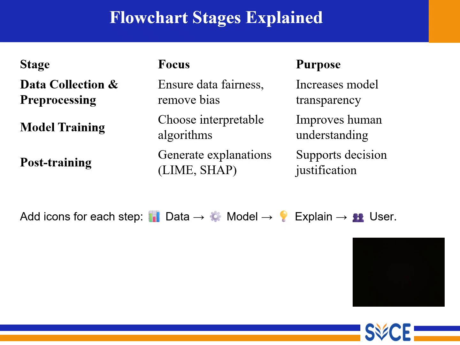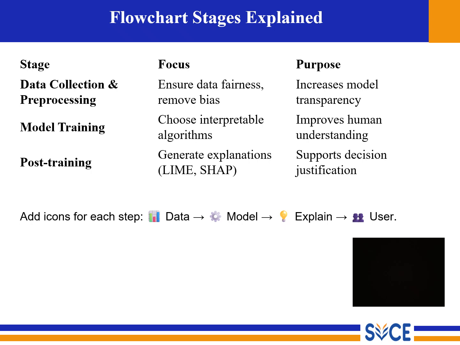Students, this table shows us where in the AI development process we can make a system more understandable, meaning more trustworthy and fair. There are three stages. First one is data collection, then the second one is model training, and then the third one is post-training.